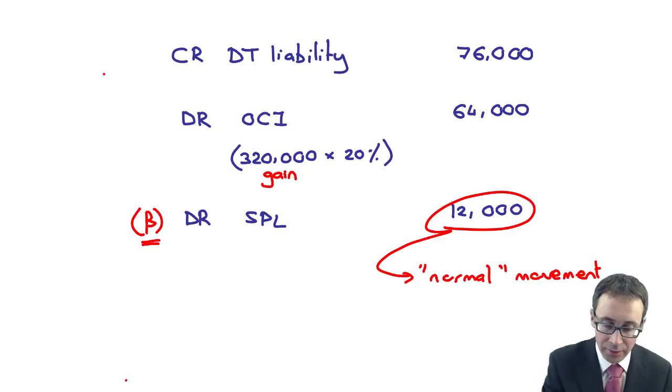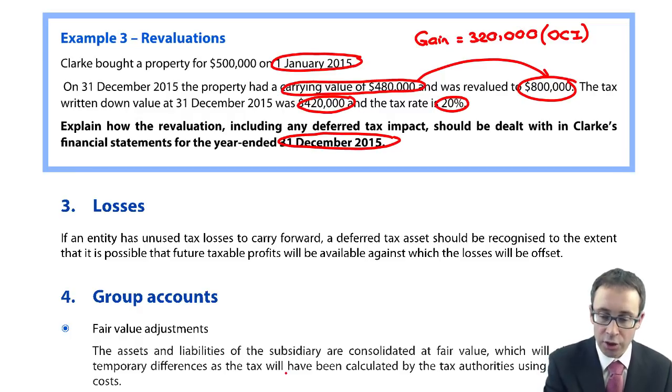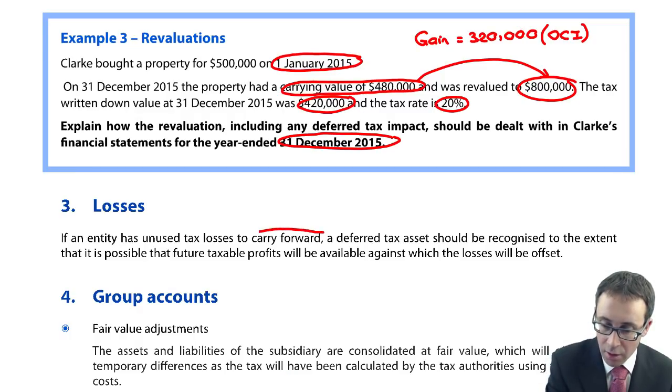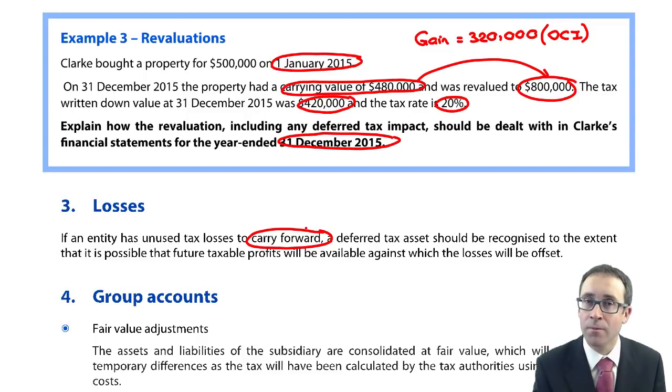The last little bit that I'll do on this video, because I will go through and talk about groups separately, I'm still keeping it in the individual accounts here first, is looking at losses. If you have losses, the assumption is that those losses are going to be carried forward. If you are going to carry forward those losses, you can utilize them against future profits, which will reduce your future profits for tax purposes, and therefore you will pay less tax, won't we?